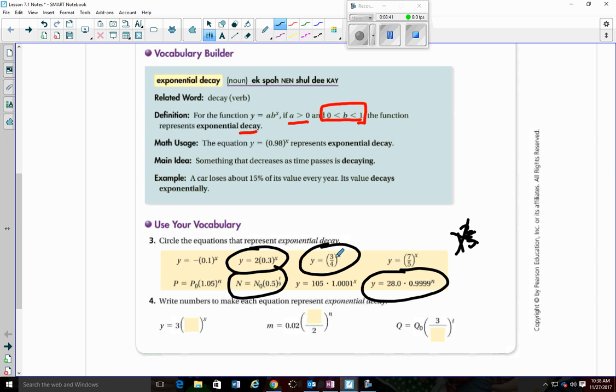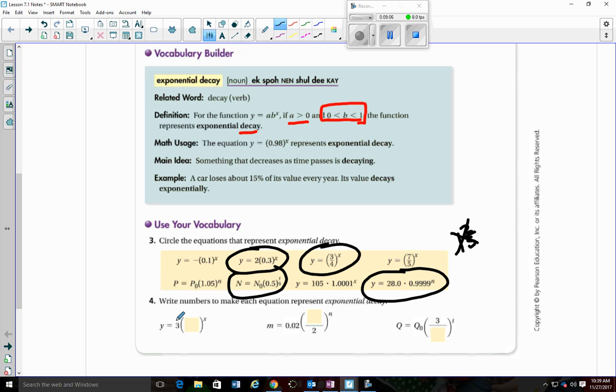So let's see if you guys can. There's not one correct answer to these problems in number 4. It's just trying to understand the concepts that will make them true. So write the numbers to make each equation represent an exponential decay. So the first one, the 3 in the front is good because it's positive. So what number can I put in the space there?